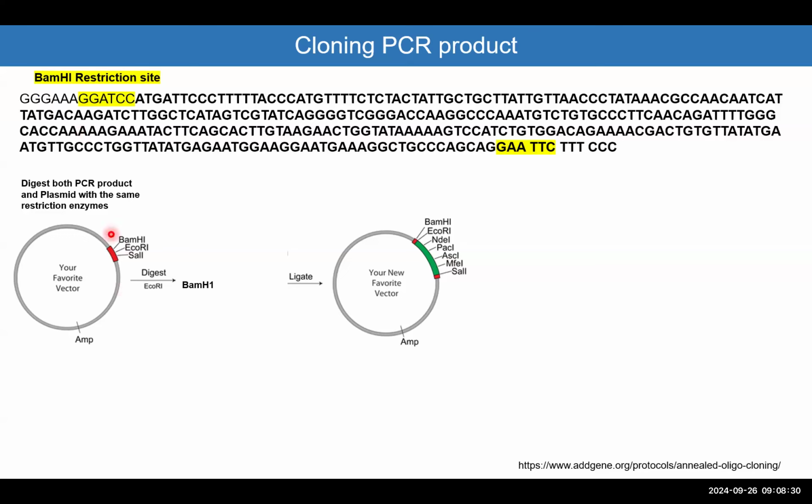And if I take a plasmid like this one here and cut it with BamHI and EcoRI, again, BamHI is on the 5' end and EcoRI is on the 3' end, then I will end up having my gene inserted into a plasmid. And I will already have a clone out of this.